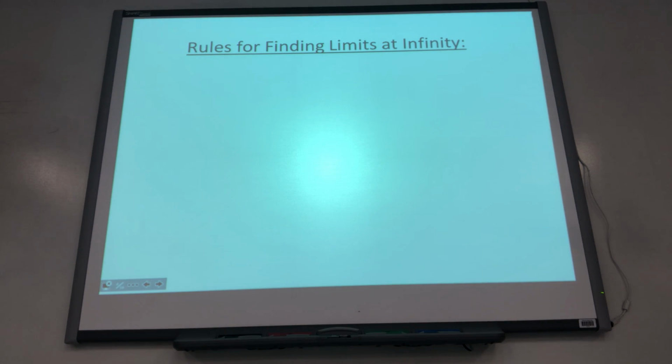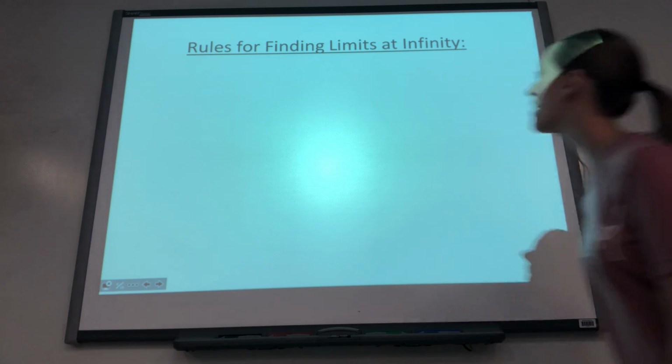I'm going to put up here now the very, very, very important rules for finding limits at infinity. This would make excellent cheat sheet material for your quiz tomorrow. Just saying, there's some good stuff here.